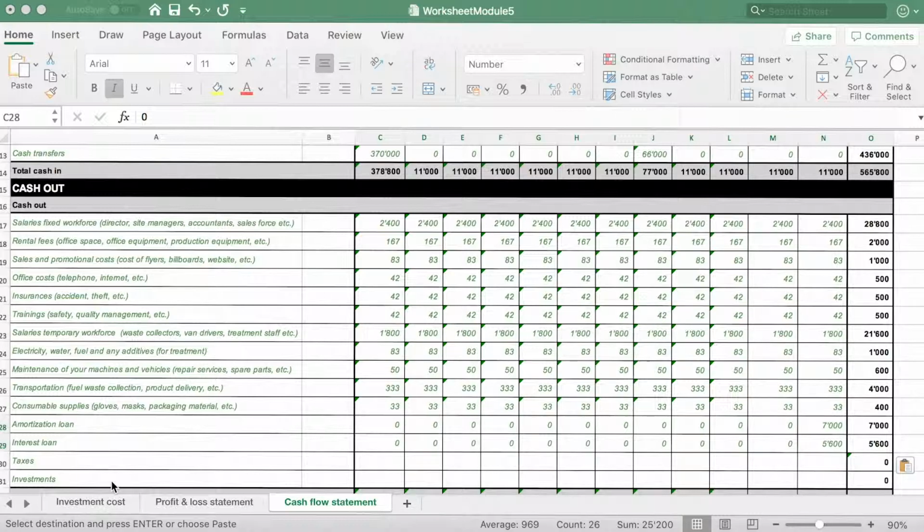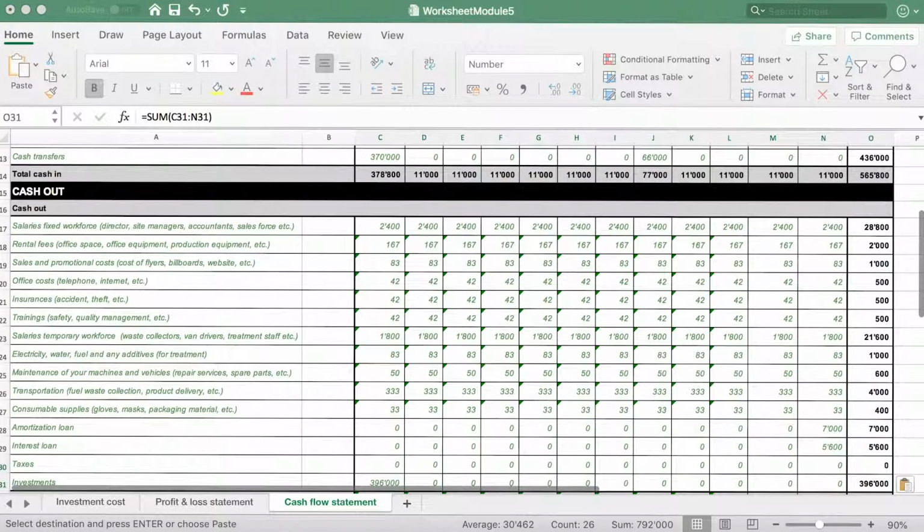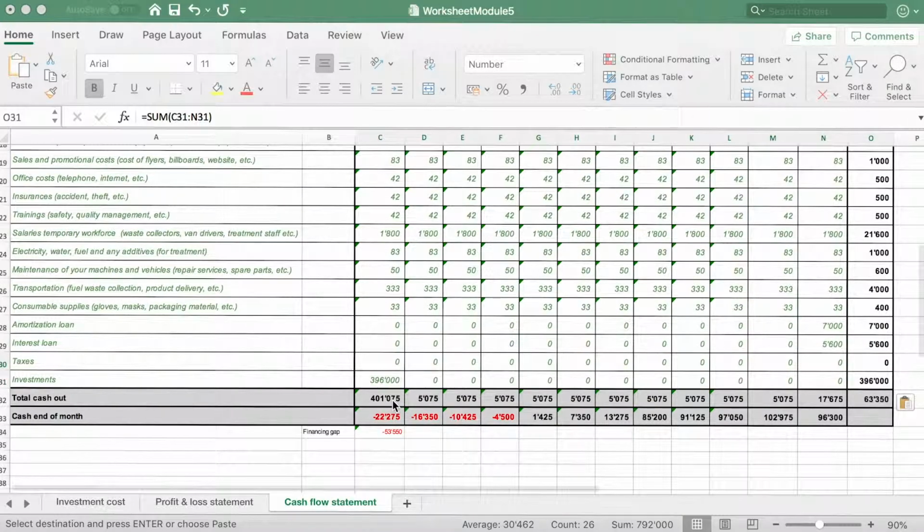Like that, the total investment needed in the first year is a little bit less and stands at 396,000. If we sum this all up, the total cash outflow for the composting plant in the first month is 401,075.